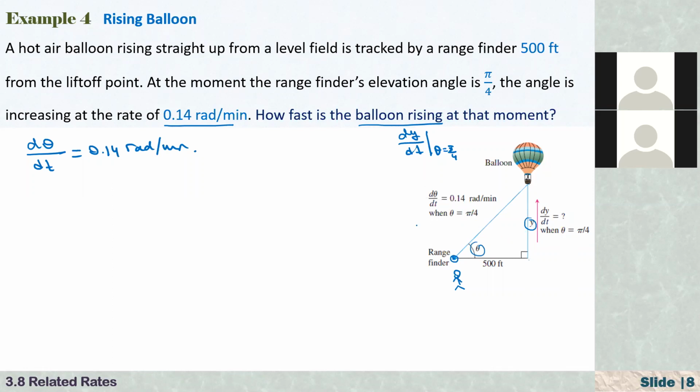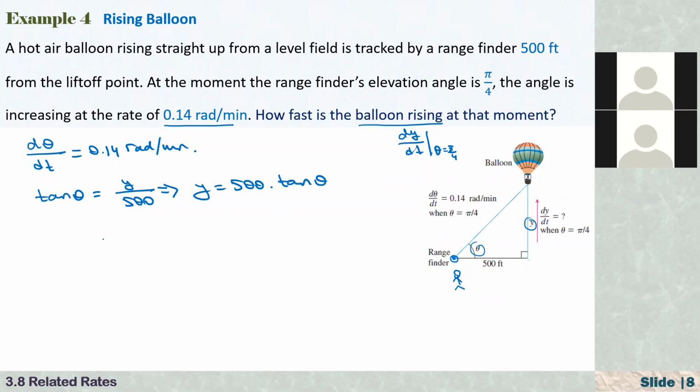Just using the tangent function, right? Tangent of theta is equal to y over 500, feet. So y is equal to 500 times tangent of theta. So we need to find dy dt when theta is equal to pi over 4.